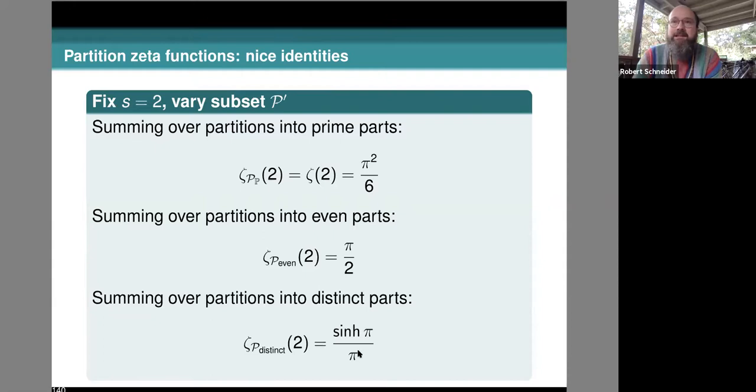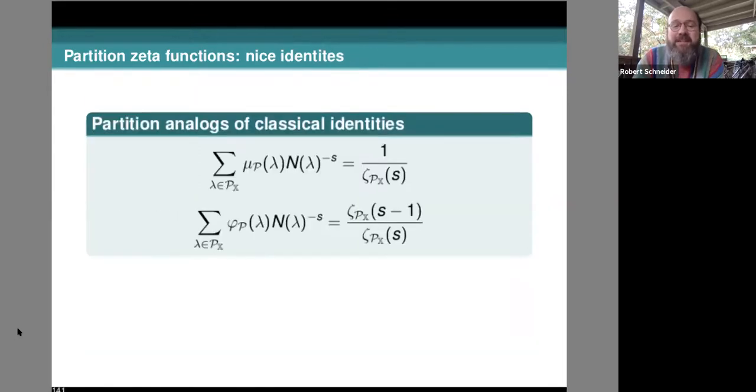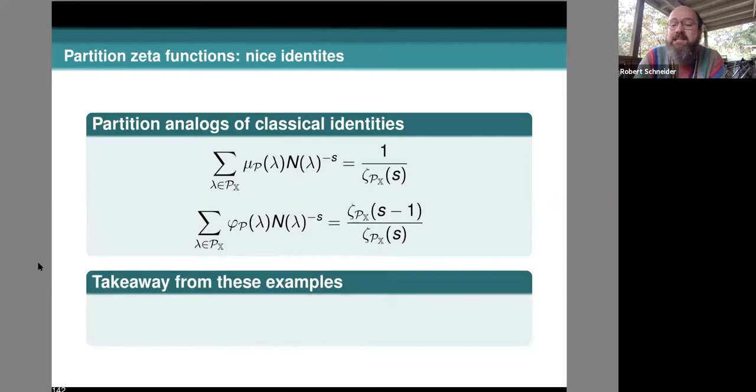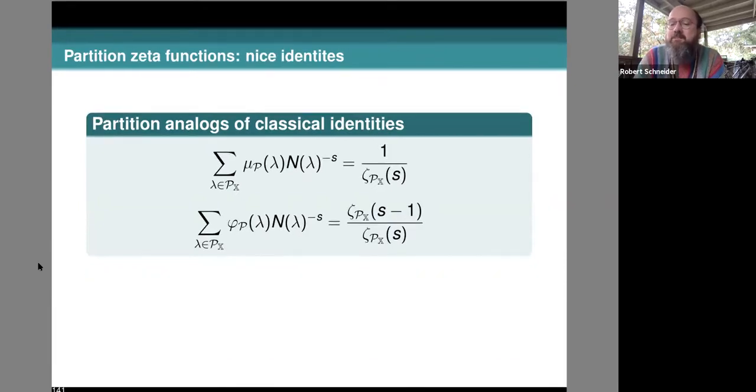I mean, it's not totally crazy, except that the hyperbolic sine of pi isn't really a pertinent value of that function. So it's a pretty cool formula. In fact, all of these are pretty cool formulas. And we get other formulas that are partition analogs of classical identities like these. These are identical to the classical cases, and they do reduce to the classical cases if we are looking at prime partitions again.